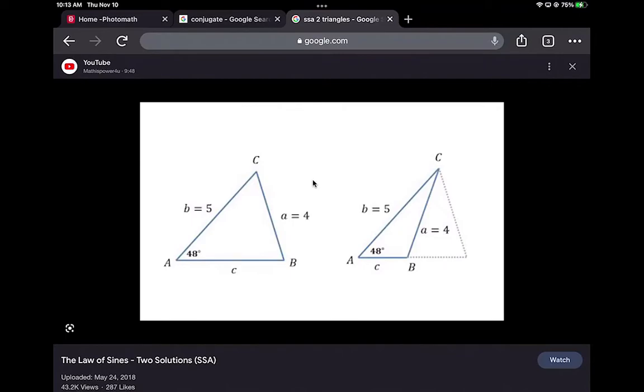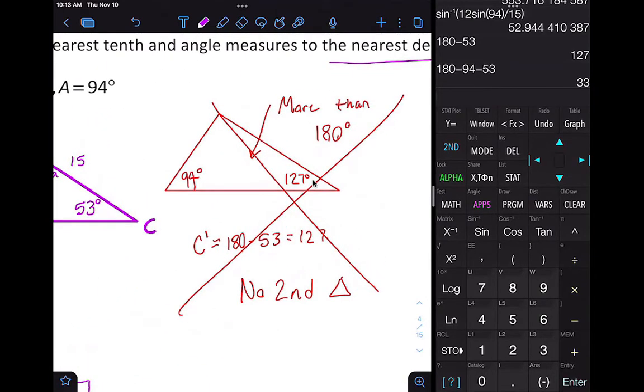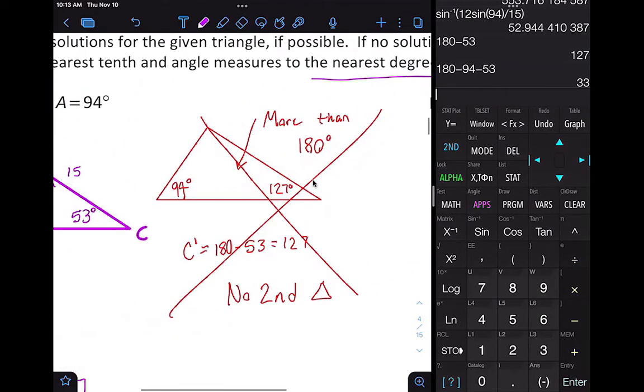To get the second case angle, like over on the right side, you do 180 minus your original angle. And the whole idea on this one is that when we did 180 minus our angle C to find the alternate C, 127 plus our original 94 was already bigger than 180. So it couldn't possibly make a triangle there.